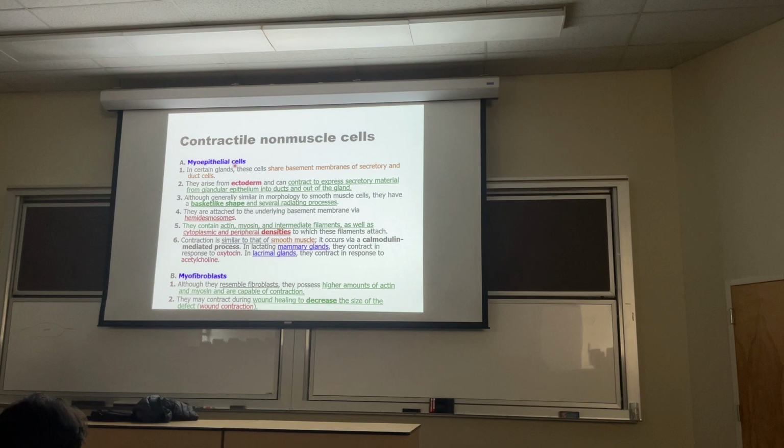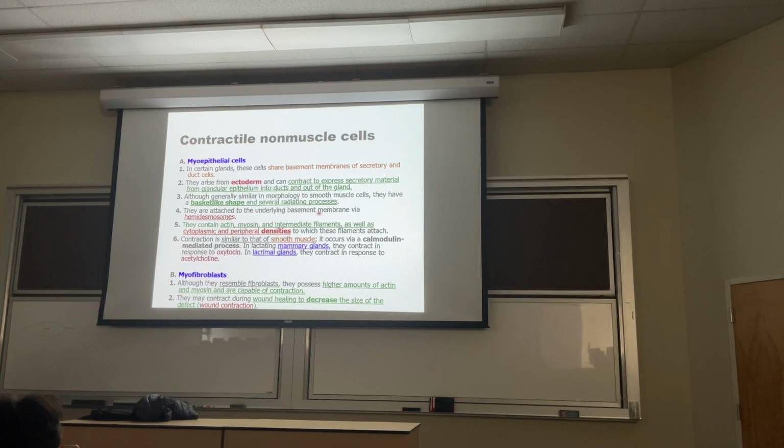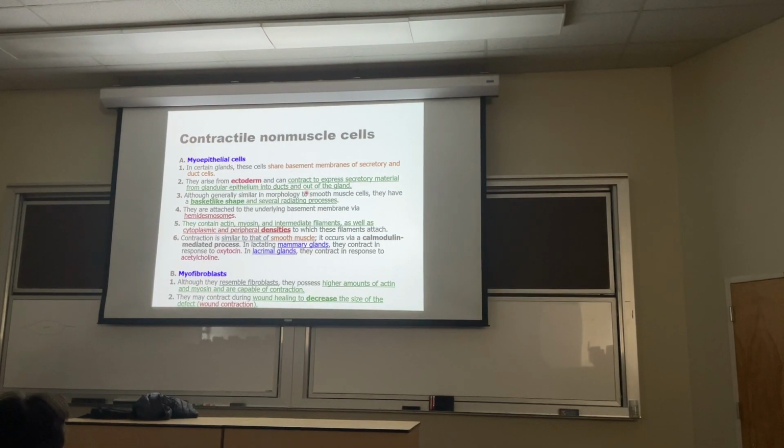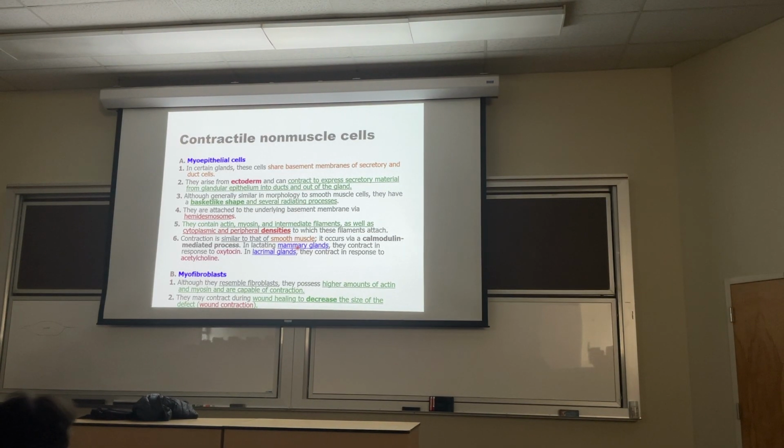We can have myoepithelial cells in different areas, and they have some contractile ability. For instance, they can help push sweat out of sweat glands and oil out of ducts, sebaceous glands, and that kind of thing. They can push milk out of the glands of the breast.